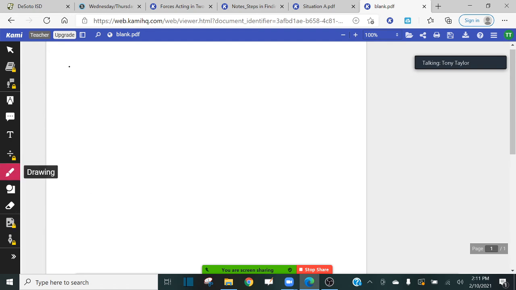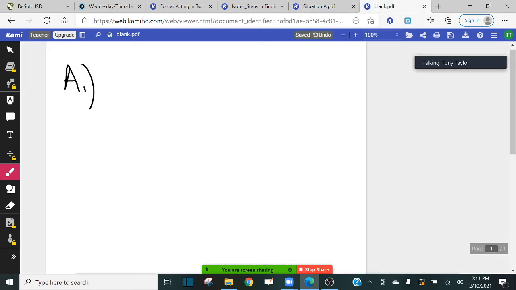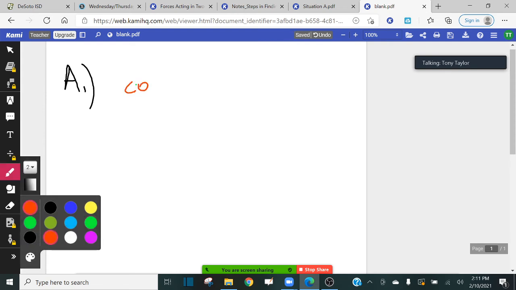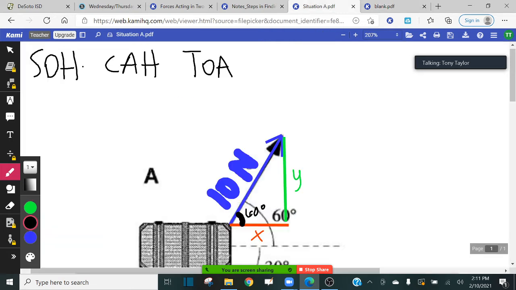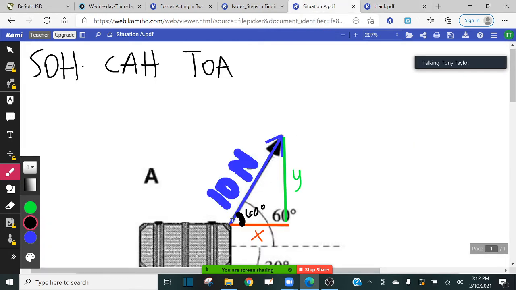So for situation A, to solve for my x component, guys, basically I need to type in cosine of 60 degrees in my calculator, right? So for my x component, cosine of 60 degrees is equal to my adjacent side, which is x, over my hypotenuse, which is, guys, notice what my hypotenuse is.